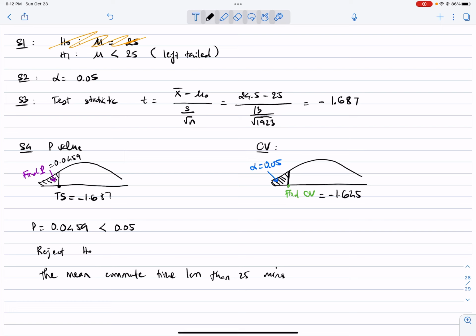So negative 1.687, the test statistic, lands on the reject region. The shaded area is reject the null. So we will reject the null, and we will make the same conclusion as the p-value method.